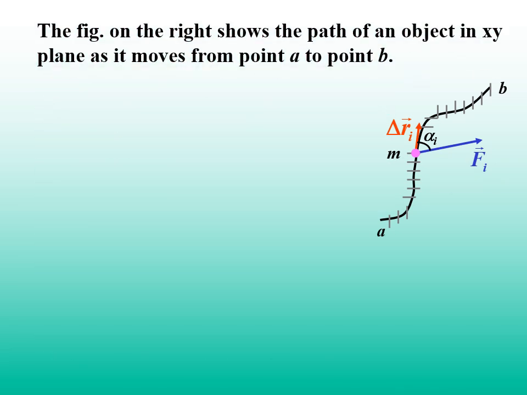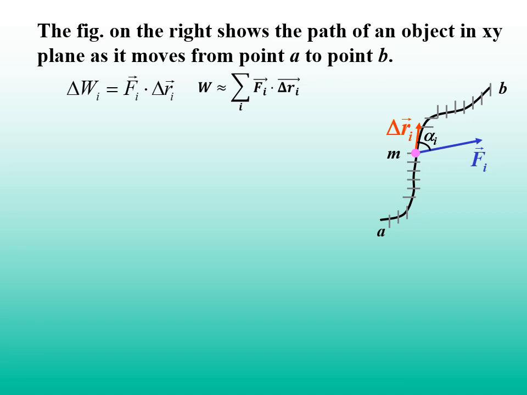The figure on the right shows the path of an object in the xy plane as it moves from point A to point B. We divide the path into short intervals, each of length delta R1, delta R2, delta R3, and so on. During each small interval delta R, the force is approximately constant.